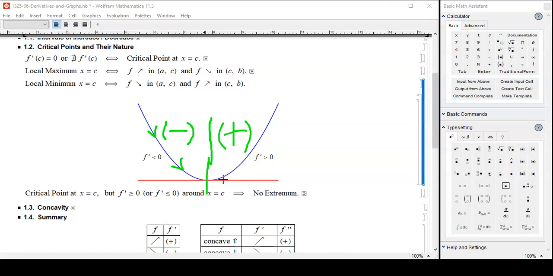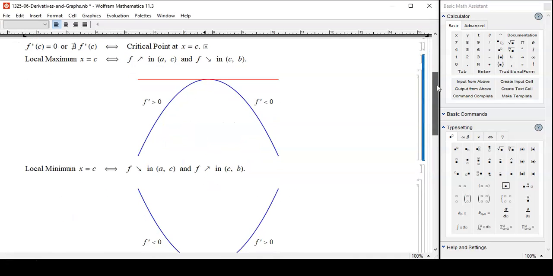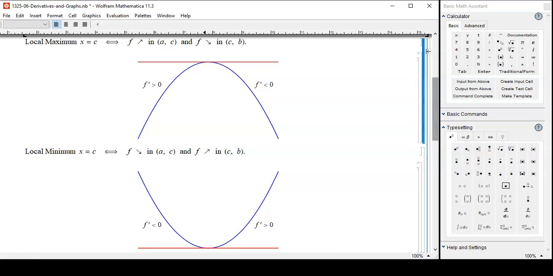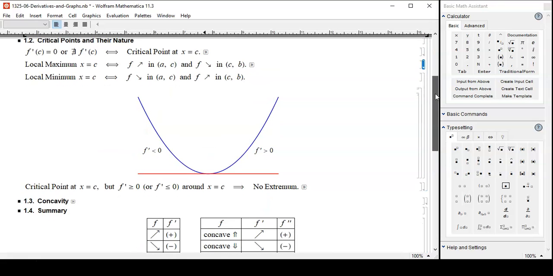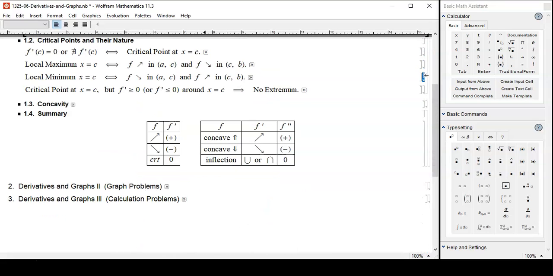And then hit the horizontal tangent, and now original function is increasing. So whenever you see this transition, negative to positive, then you'll have to expect local minimum. All right, local maximum, plus to minus; local minimum, minus to plus.